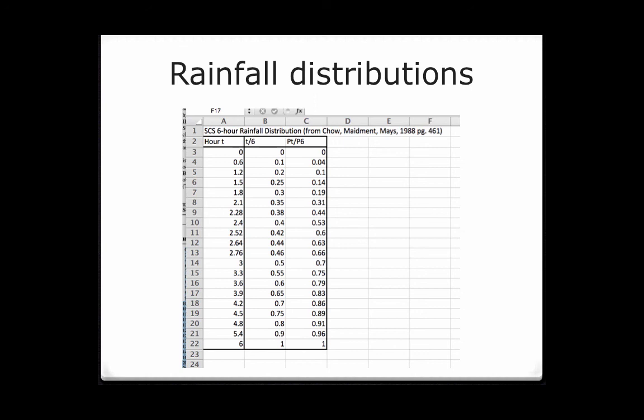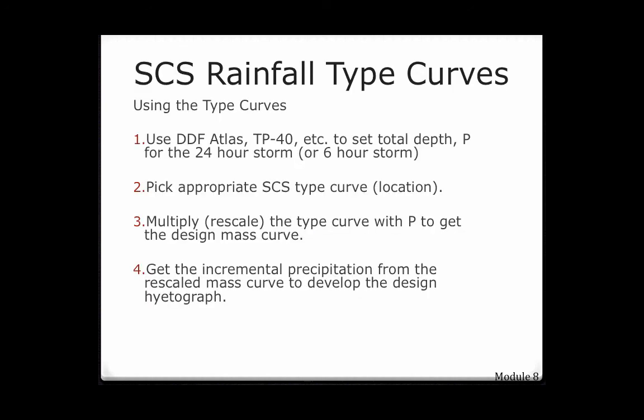Both these distributions are taken out of the Chow, Maidment, and Mays book on page XXX to XXX, wherever that is. So you can correct that one error I have. How we would use them. Okay, so to use them, use the DDF Atlas, TP40, whatever. Set total depth for the 24-hour storm, or for the 6-hour storm if that's what you're interested in. Choose an appropriate SCS type curve.